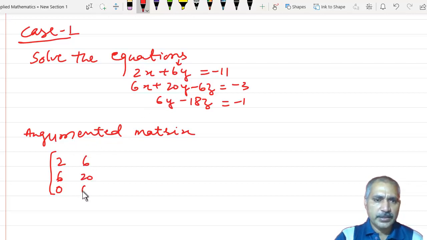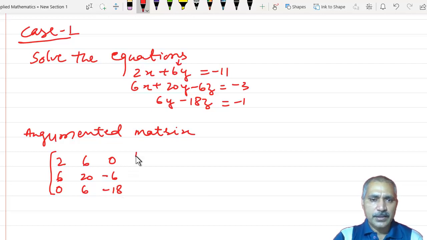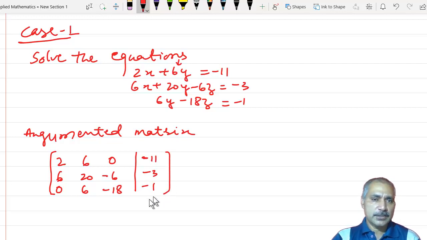Now when it comes to z variable, in the first equation z is not given, so we will be taking it as 0. From second it is minus 6, and from third it is minus 18. Then we will be putting the vertical line, and we will be copying the right side, that is minus 11, minus 3 and minus 1. This is our augmented matrix for the given system of equations.